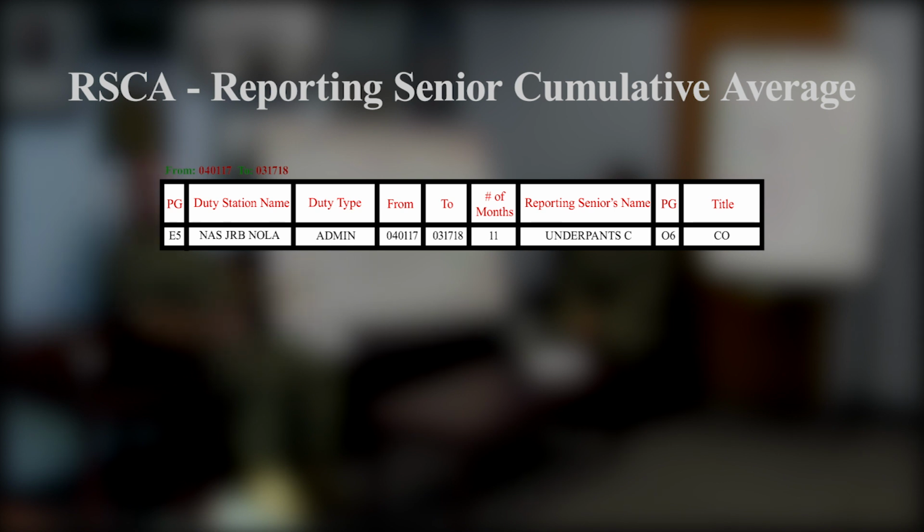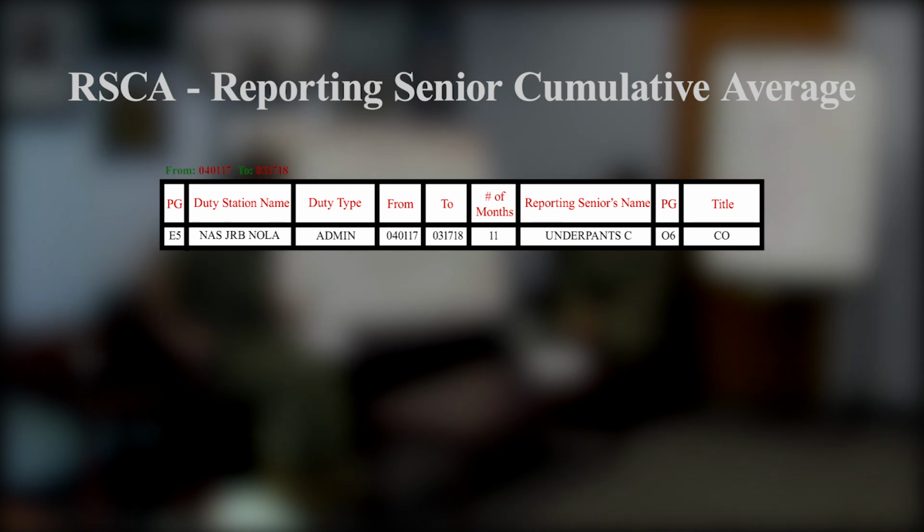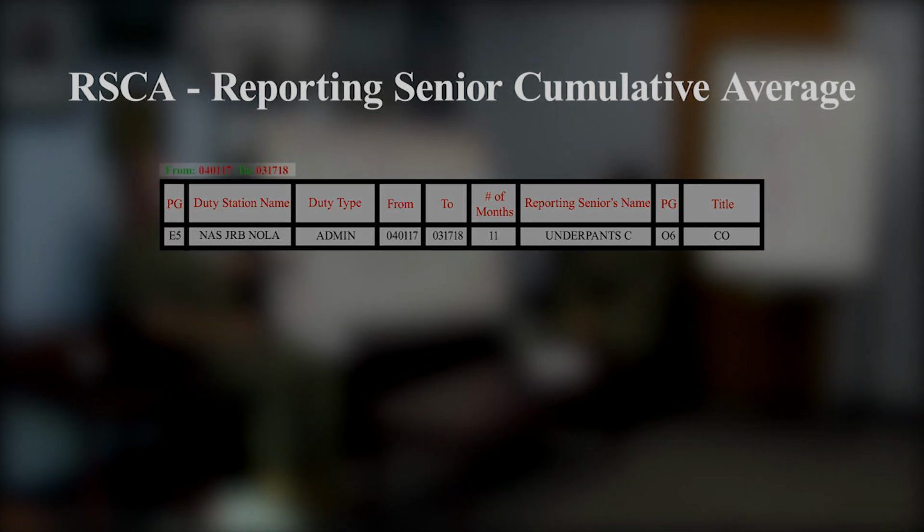Being a former C-130 flight engineer, we do everything top to bottom, left to right. So I'm going to start in the top left, and above the box you're going to see from and to dates. It's talking about the specific record, when it started and when it closed.